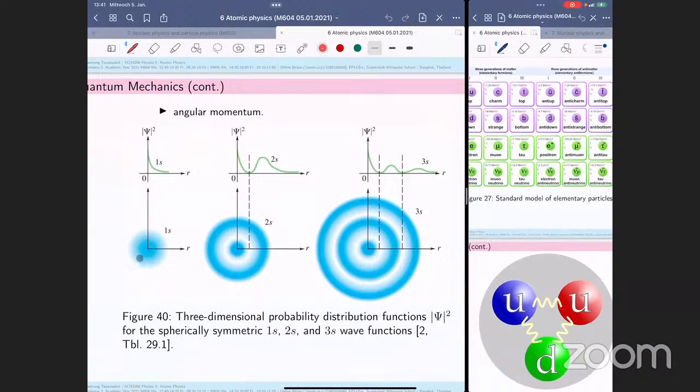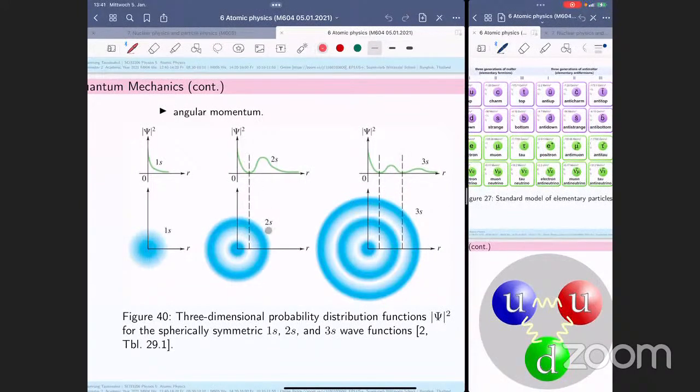The more shade you look at in this figure, the more probability you could find the particle around here. It doesn't mean that the particle is located exactly at this point. No. It's only the probability density function. If you see the heavy shade of the color blue, it means you have more probability at that point to find the particle, whatever particle you want to find.